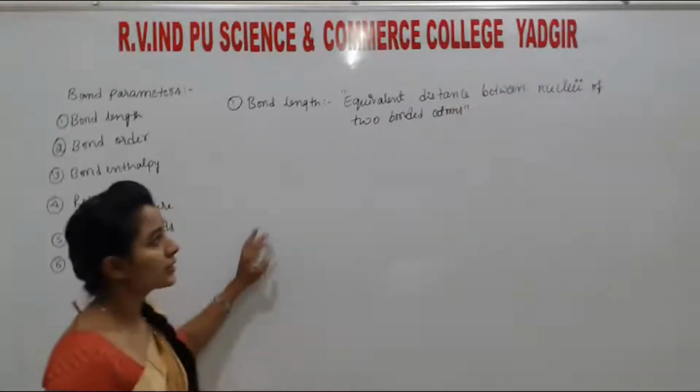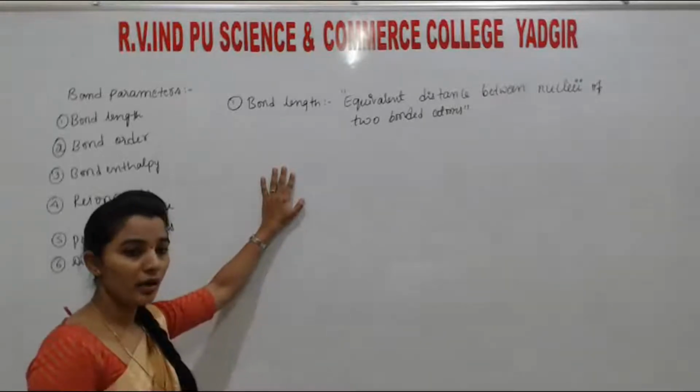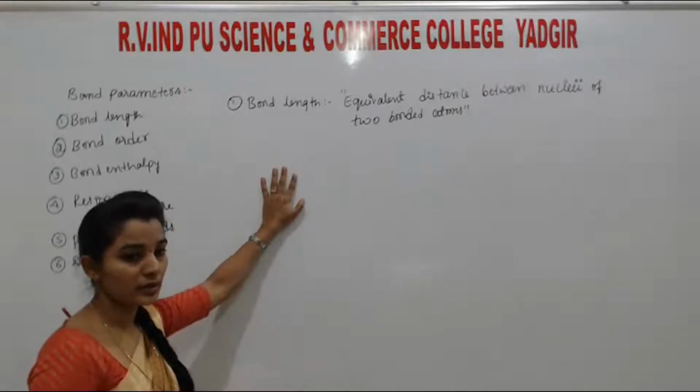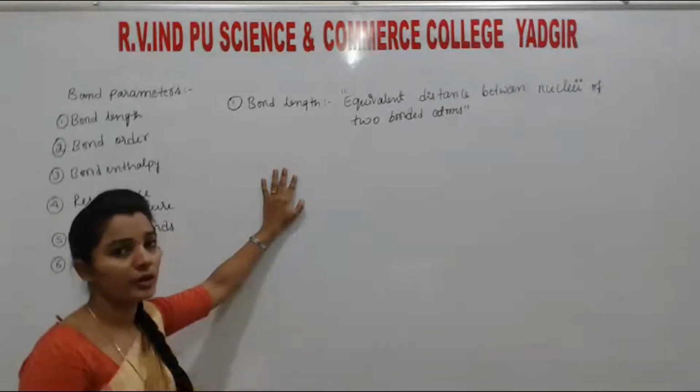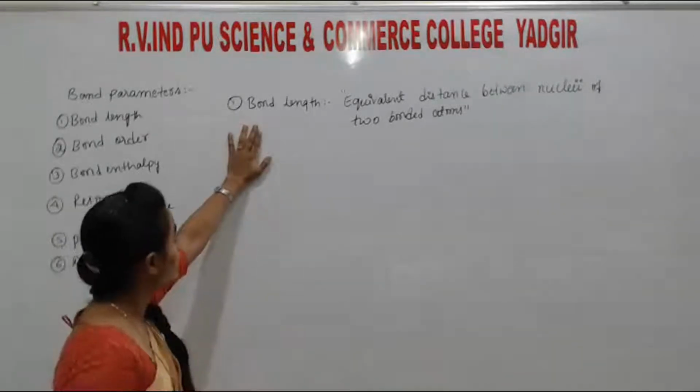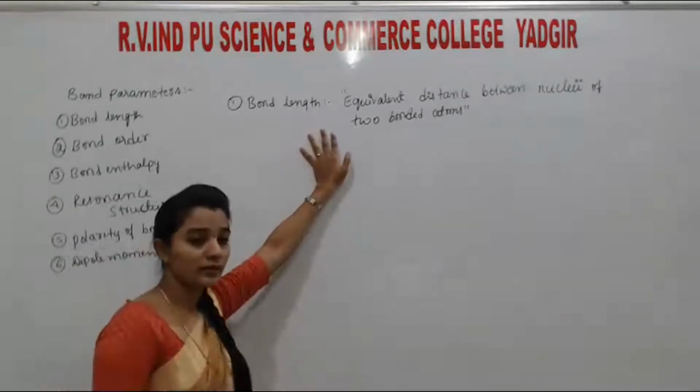The equilibrium distance between the nuclei of two bonded atoms, no matter whether it is a covalent bond, ionic bond, or any other, is called the bond length.